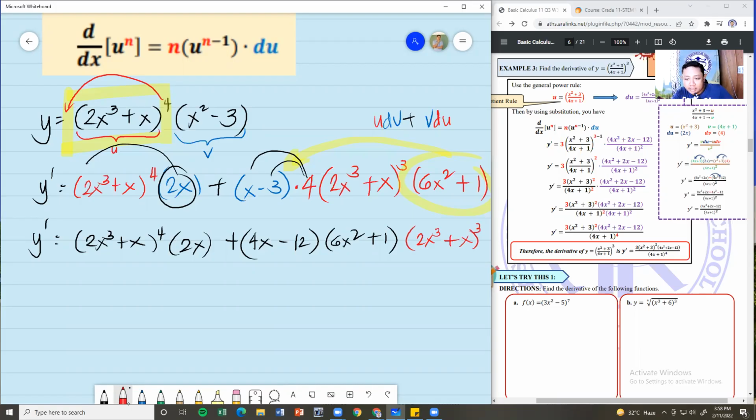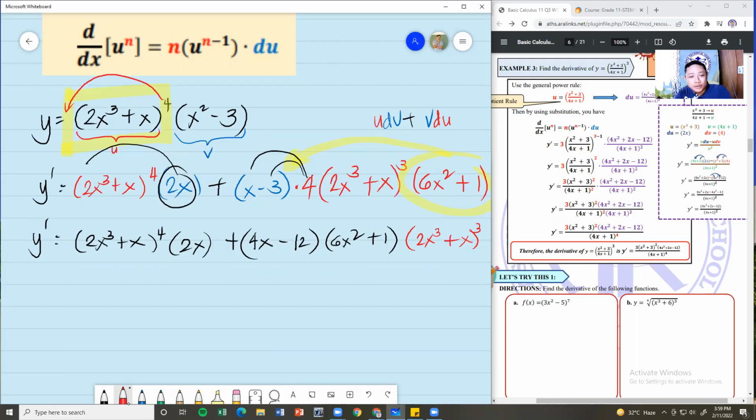Sir, can't 4 be distributed? Yes, actually, we already distributed 4. Where did we distribute 4? Look at the process. To which term did we multiply or distribute 4? Over there, to 6x squared plus 1. Can it also be distributed there? Yes, actually, that's only our next step.